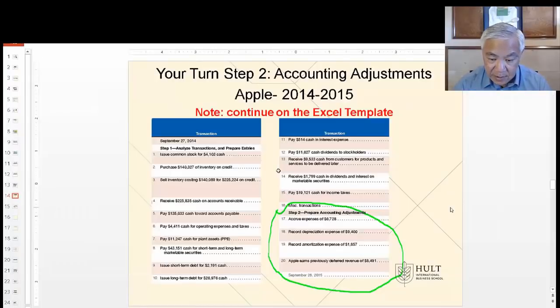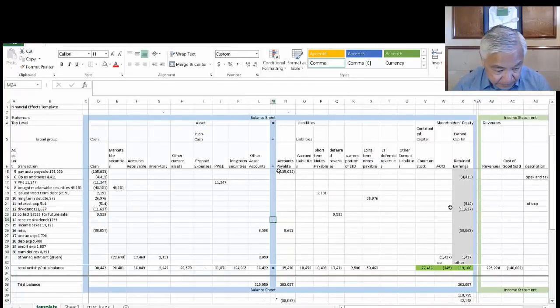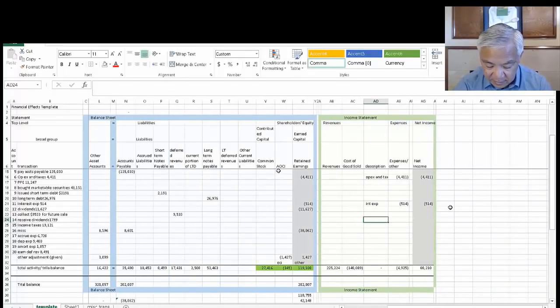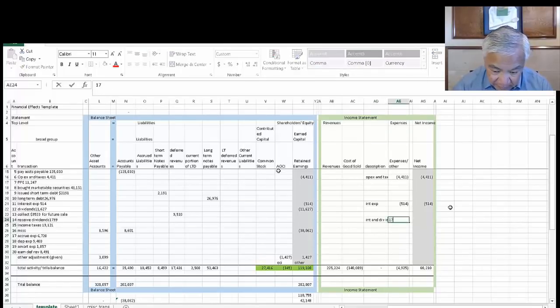Transaction 14 is we received $1,799 in cash for dividends on marketable securities. So 1,799, cash goes up, and we'll just put interest and dividends income, and that was 1,799 as a positive number.